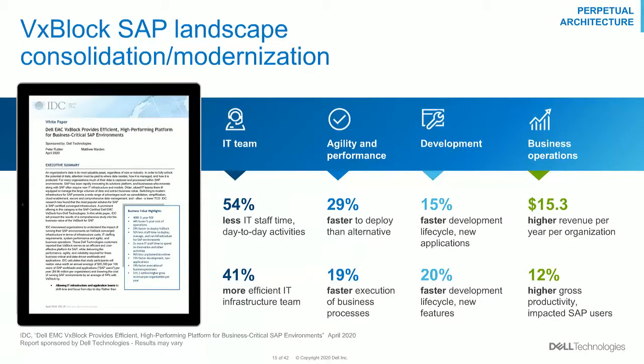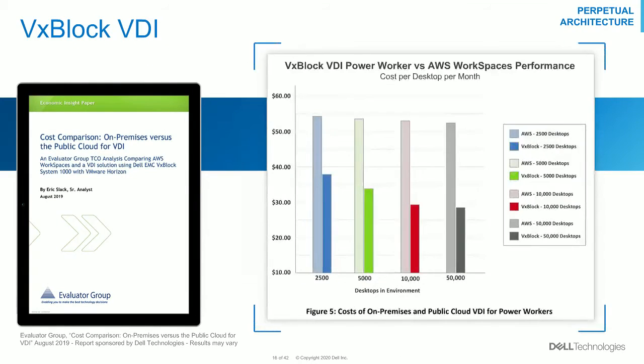I do want to call out that we have 2 individual studies and white papers that have been published. One of them is on the benefits of consolidating your SAP landscapes, along with the modernization of SAP onto a VxBlock 1000. And then a second white paper on the benefits and value of consolidating VDI down onto a VxBlock 1000 infrastructure solution.